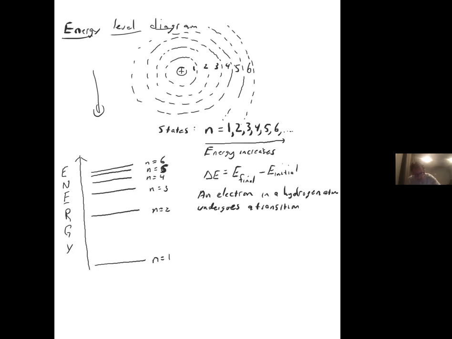Transition from the n equals 5 level to the n equals 2 level. Show an arrow that represents this process.